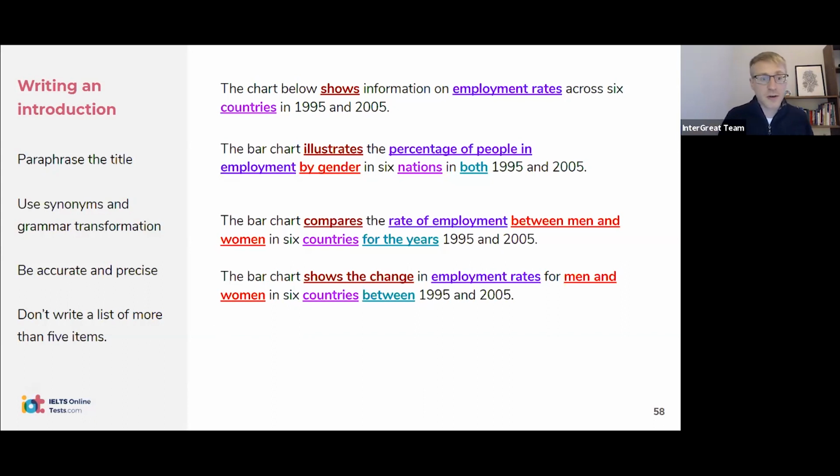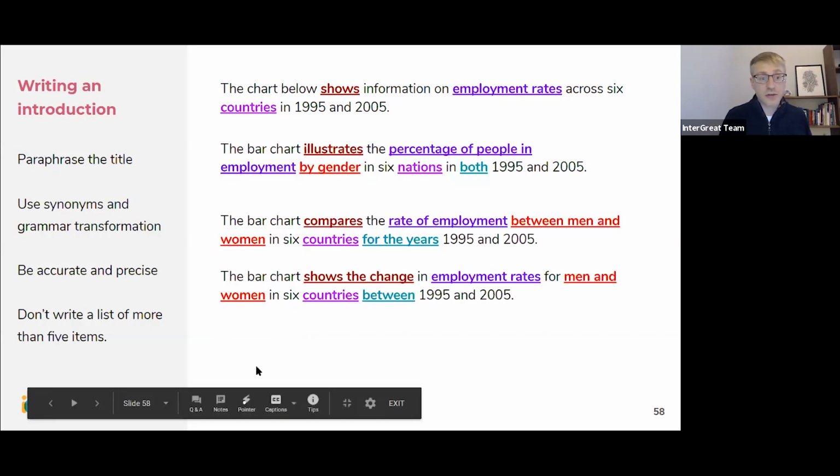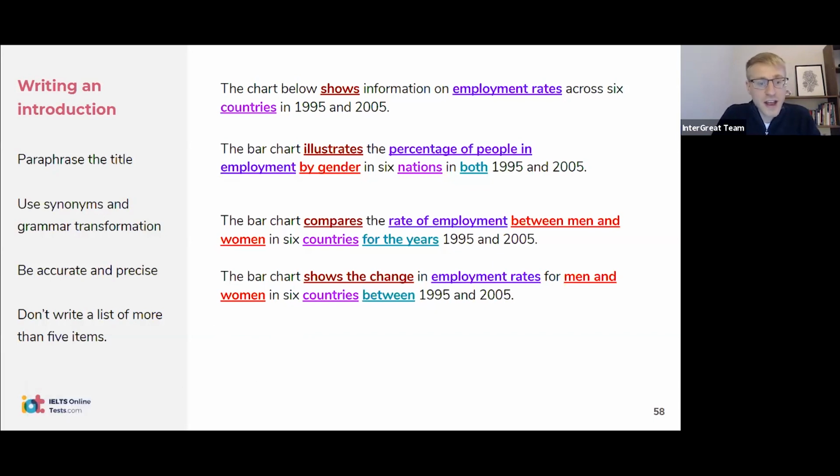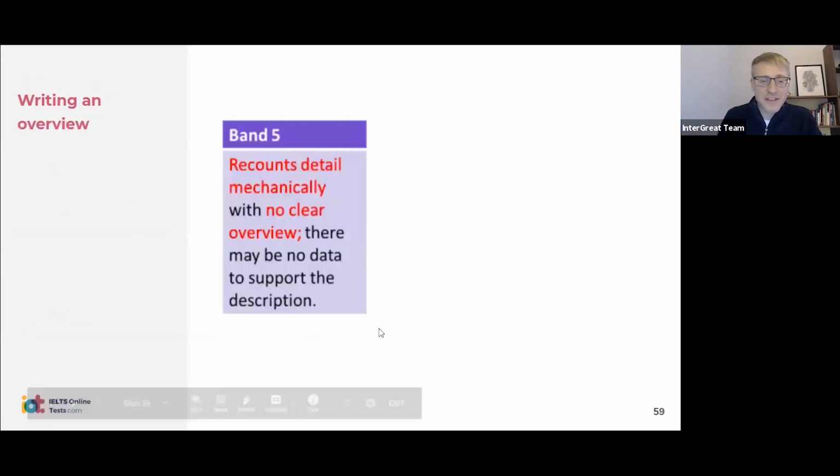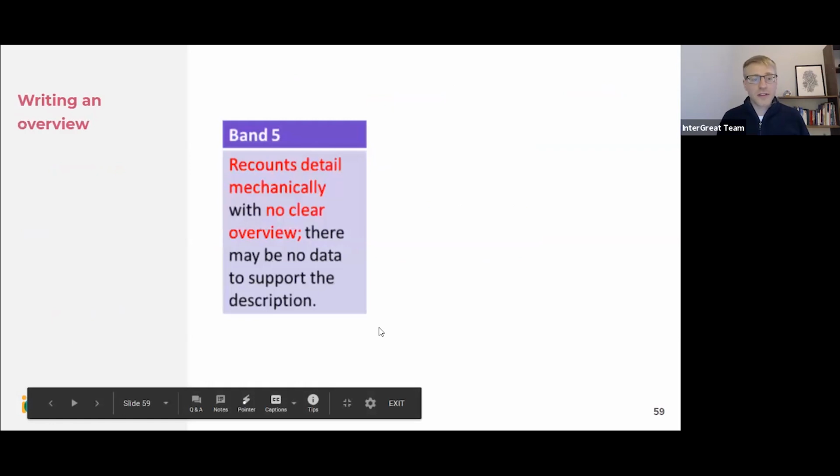So to be very accurate, stick with illustrates or shows. Peter, it's not just Europe and North America though, right? Because we've got Australia and New Zealand as well. Right. Okay. Reveals not so good, Union. I would stick with illustrates.